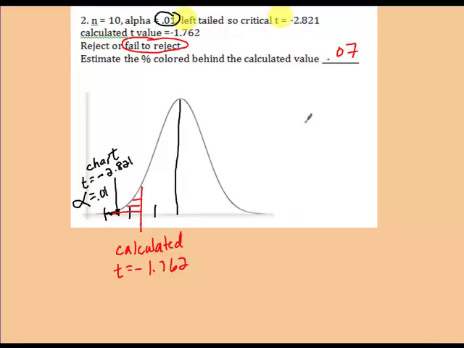In the next one, we've got critical from the chart and calculated. Here I can see it's in the fail to reject region based on critical chart values and calculated values.